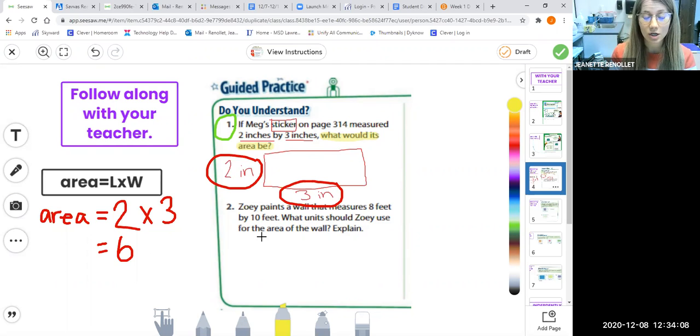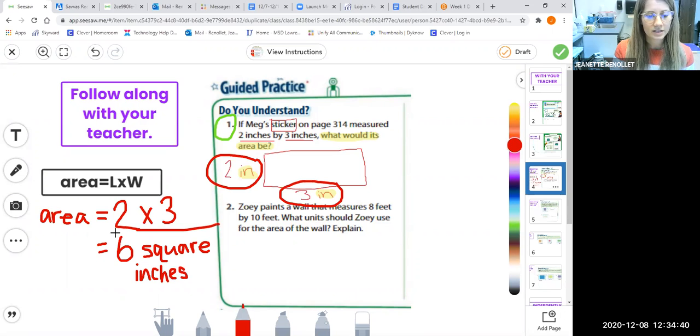So the sticker, they just told me, is inches. So in my answer, I need to say it is 6 square inches. That's how I know I'm talking about area. 6 square inches. This is my answer.